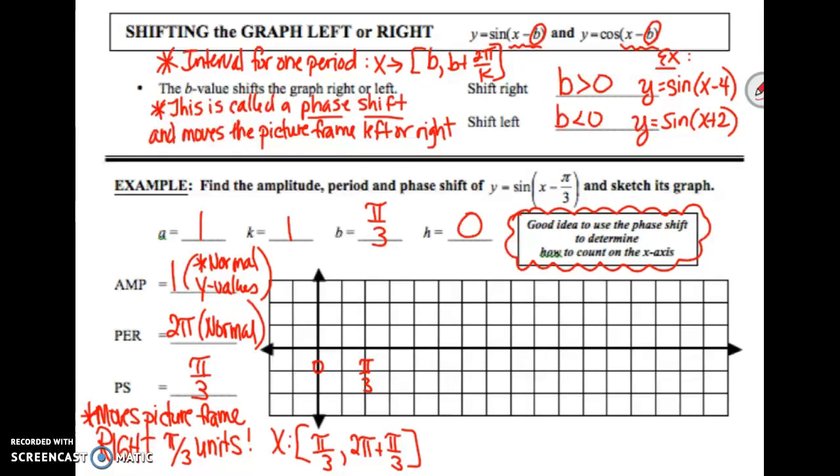My third line would be pi over 2. And then 2 pi over 3. And then 3 pi over 3, which is just pi. And then 4 pi over 3. And then 5 pi over 3. And then 6 pi over 3, which is 2 pi.